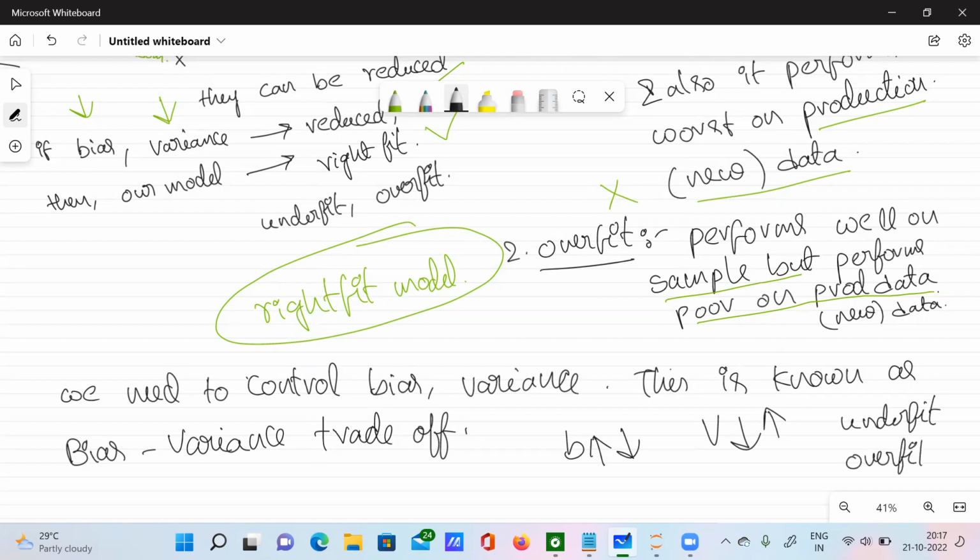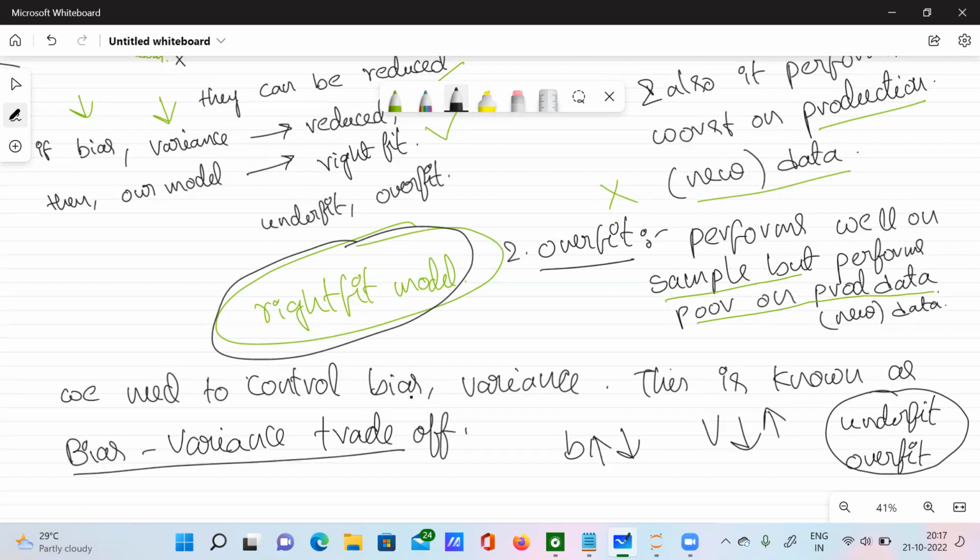But we don't want any of these situations. We only need the right fit model. So for this right fit model, we need some kind of trade-off between the bias and variance. That is nothing but the bias variance trade-off, right?